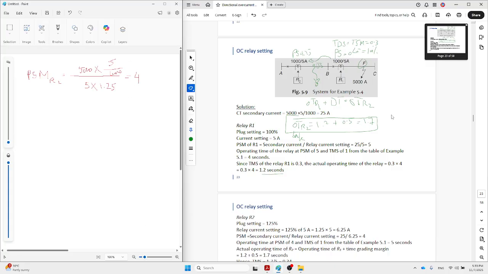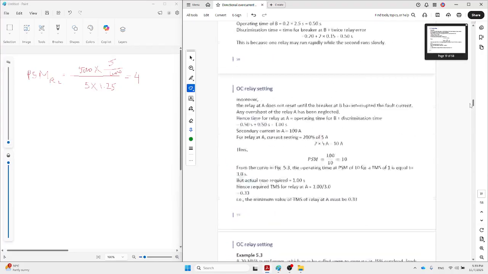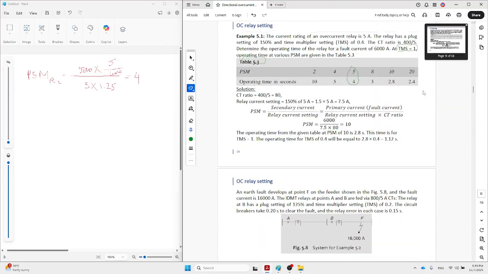So using the same table, where is the table again? If PSM is equal to 4, using the table, the operating time for TSM equal to 1 is 5 seconds.